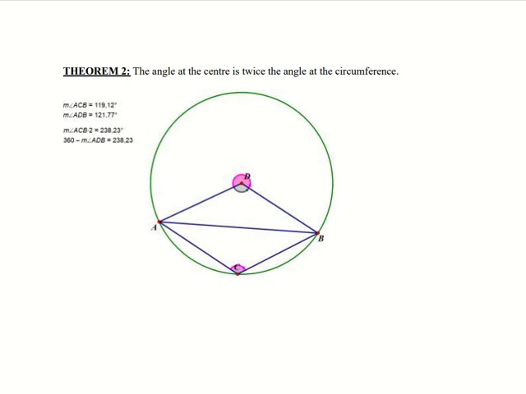So we've investigated that the relationship of angle at the center is twice the angle at the circumference breaks when the angle is an obtuse, which is now 119.12 degrees. It's no longer twice the angle at the circumference.